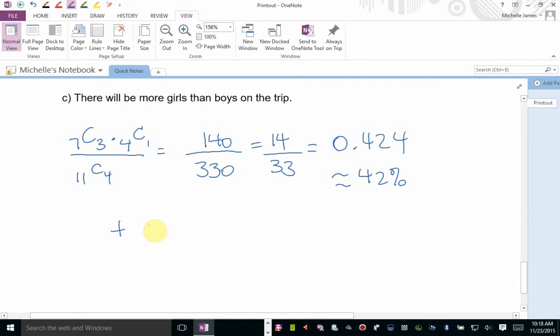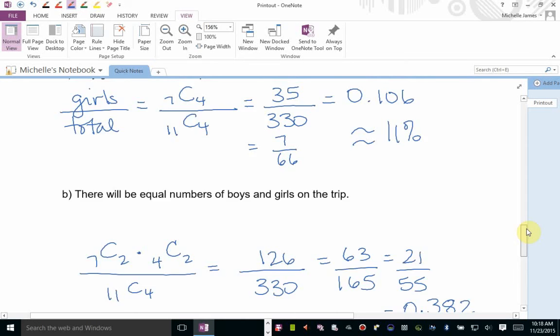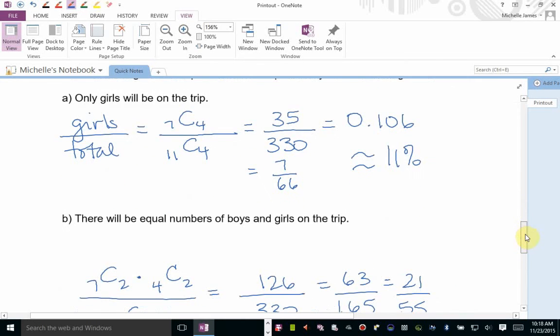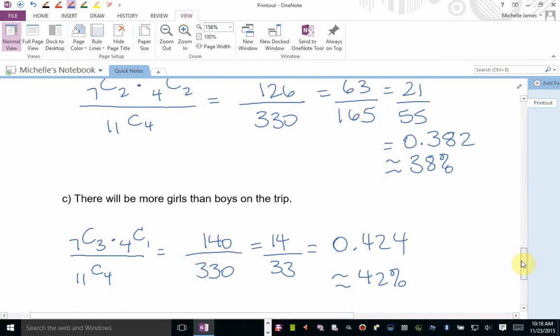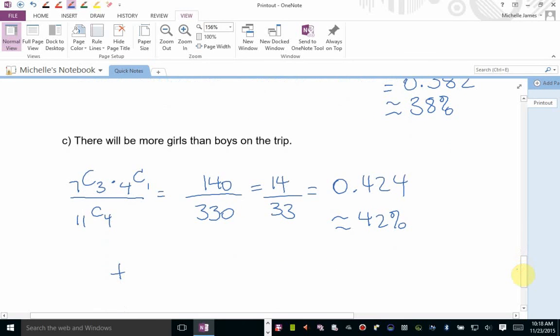There will be more girls. That could mean there's 4 girls, right? And no boys? Did we already do 4 girls? But it says it includes boys in the question. I think you could interpret it either way. What if there are only girls on the trip?